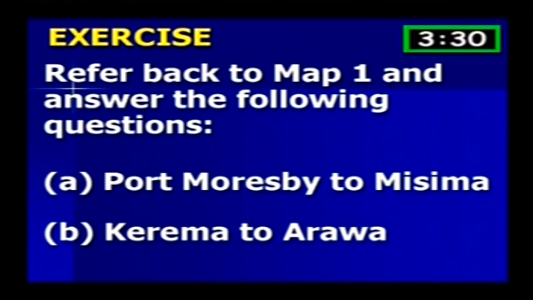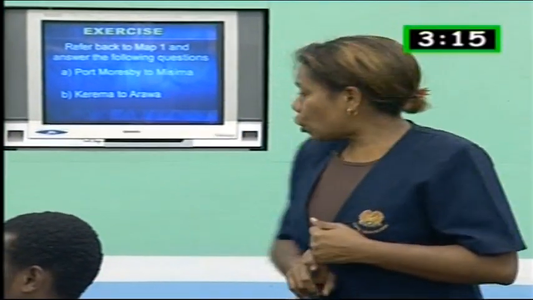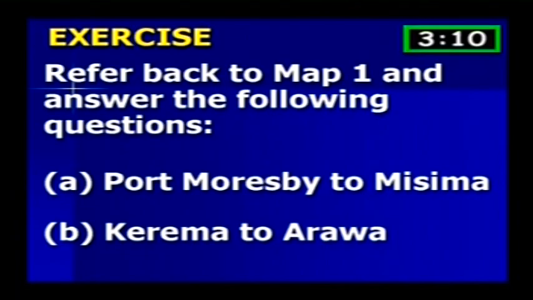Okay, let's look at A. I'd like you to do this short exercise quickly, receiving students and 7Es. Measure the actual distance on the ground of Port Moresby to Misima, A, and B, Kerema to Arawa. Refer to map 1.